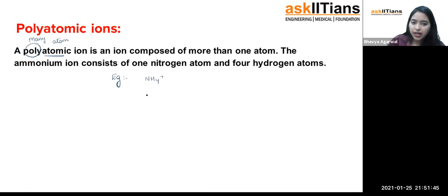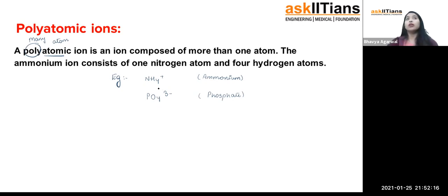Same way, another example could be phosphate. Phosphate is made up of, again, 5 atoms, my bad, 1 phosphorus and 4 oxygens, right? With a total charge of 3 negative. So this is your phosphate ion.